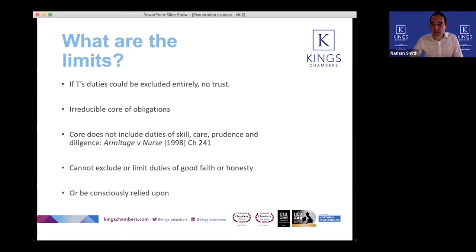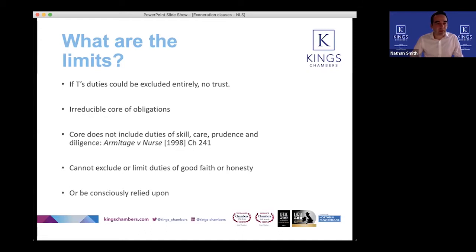The leading case on this is Armitage and Nurse, a Court of Appeal decision that says there is an irreducible core of obligations that cannot be excluded. But that core doesn't include duties of skill, care, prudence, and diligence, but does include the duty of good faith, which can't be excluded, and nor can the duty to act honestly.